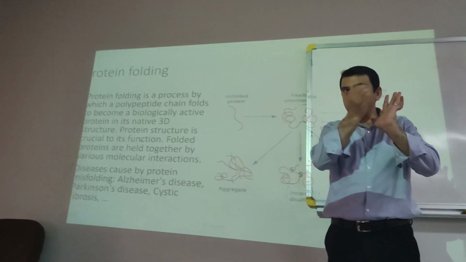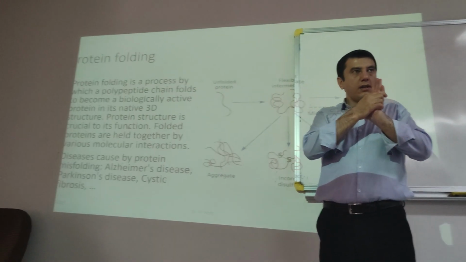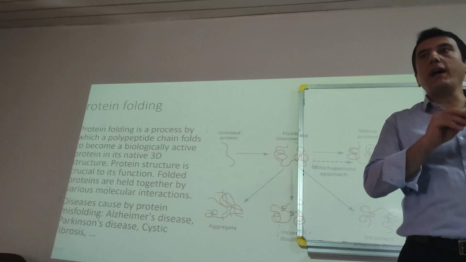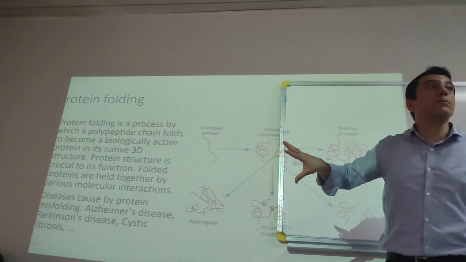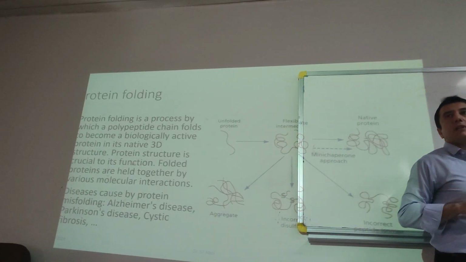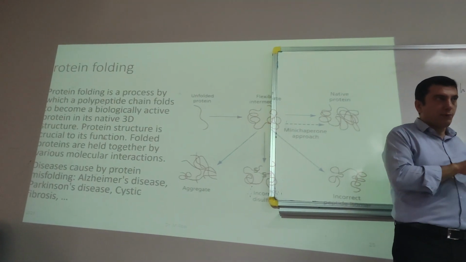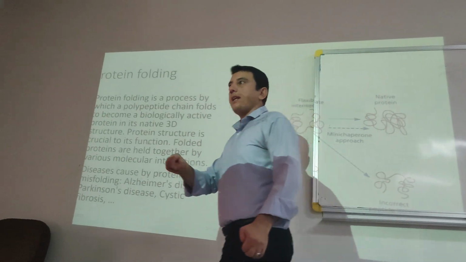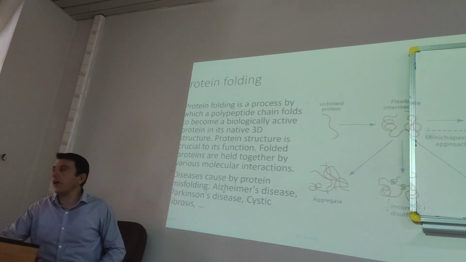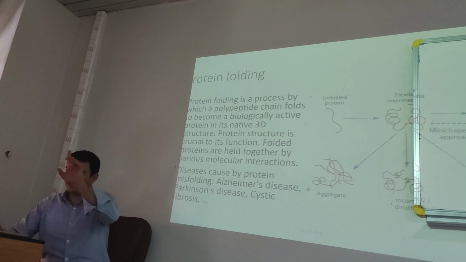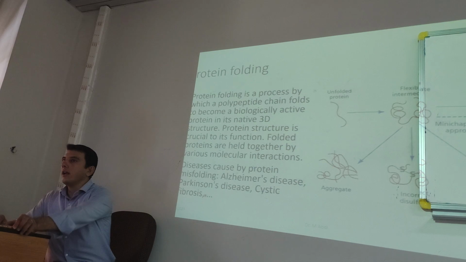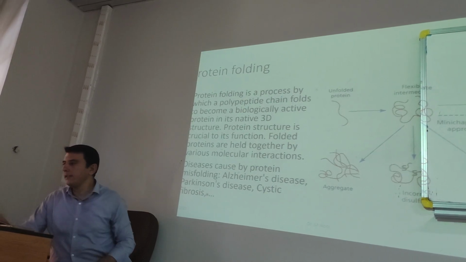So there are several diseases caused by misfolded proteins, for example prion diseases. You understand the point? Misfolding can lead to other examples, such as Alzheimer's disease, Parkinson's disease, and cystic fibrosis.